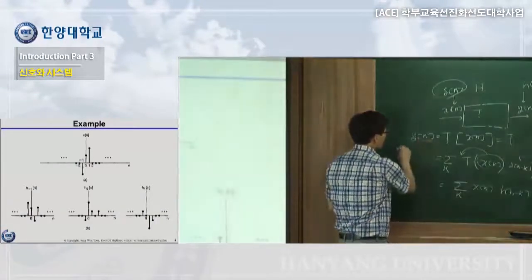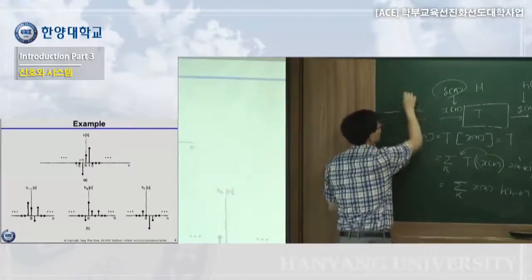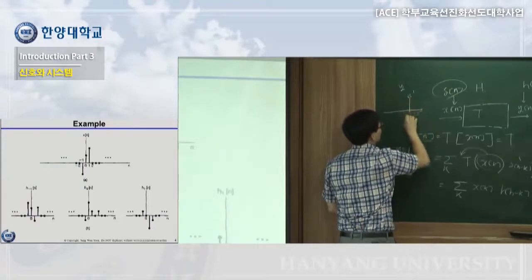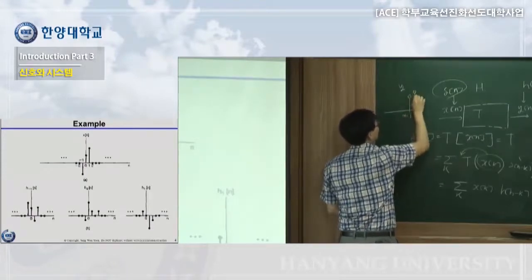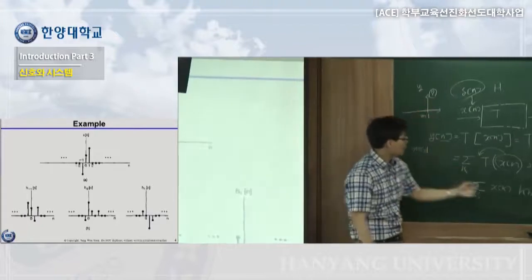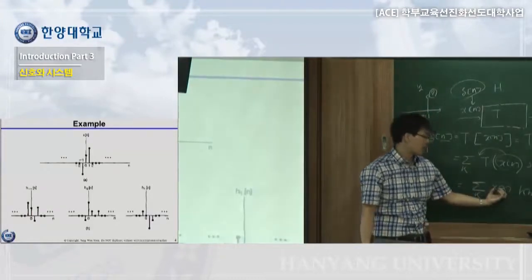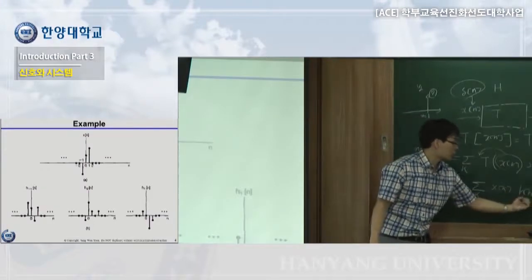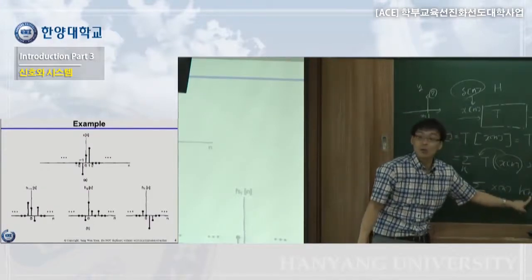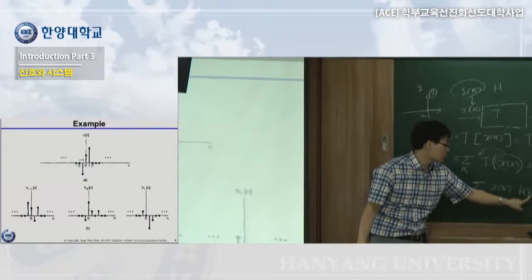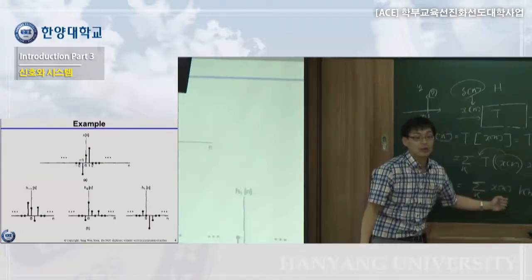So let's find out the value of y when n equals 1. To find this value, we have to check x[k], which does not change by n, and shift h to the position where n equals 1 and multiply them together.